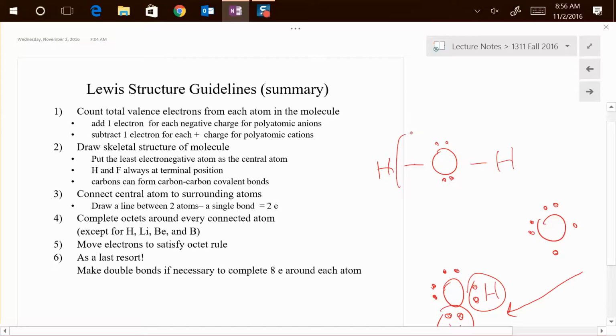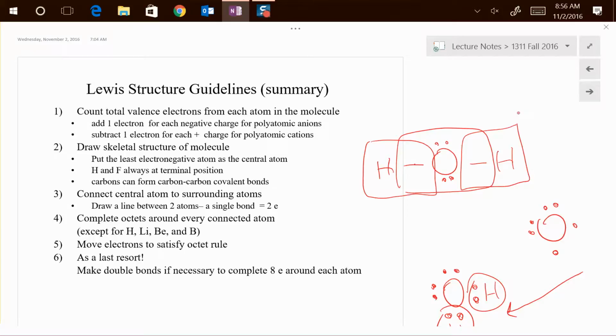It has 8, right? 2, 4, 6, 8. Hydrogen has how many electrons on it? 2. Should I finish the octet on? Should I put 8 electrons around hydrogen? It's a big mistake people make. Do not put 8 electrons on hydrogen. Hydrogen cannot have 8 electrons around it. Why?